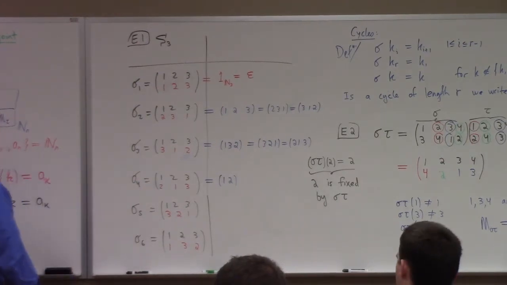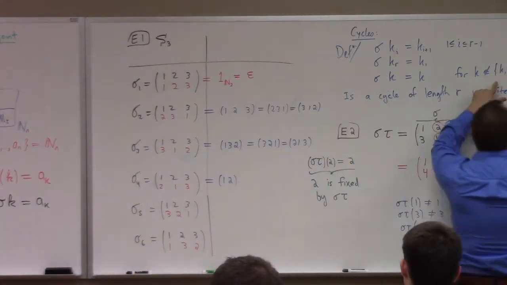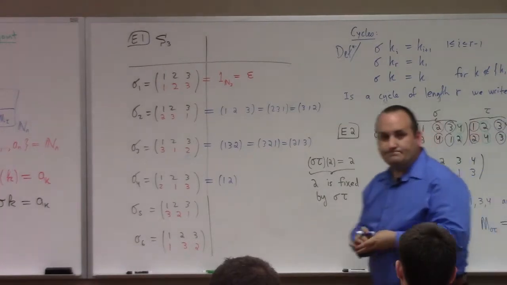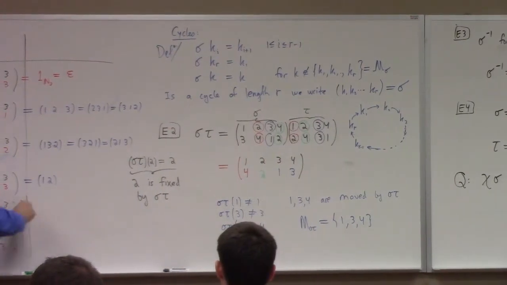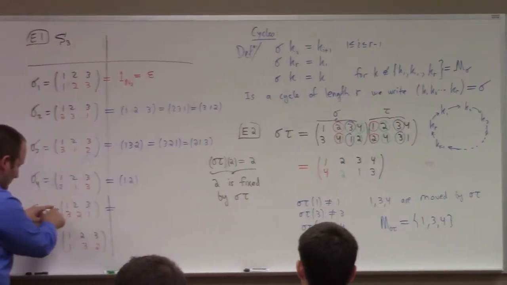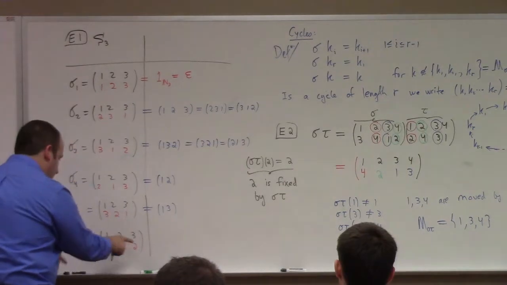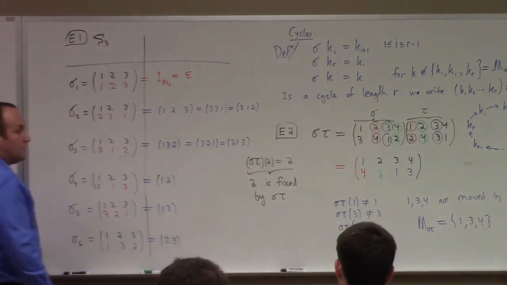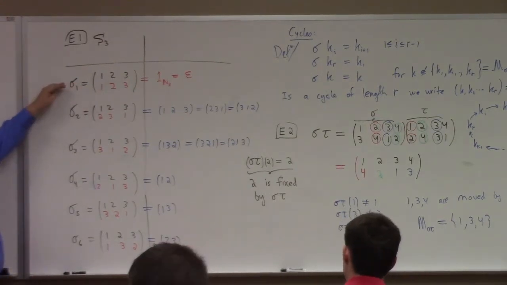See, in the definition, this is equal to m sub sigma. What's this one? (1 3). Yeah, 2 is fixed. And this one? (2 3), right. So for S3, we have the identity permutation.